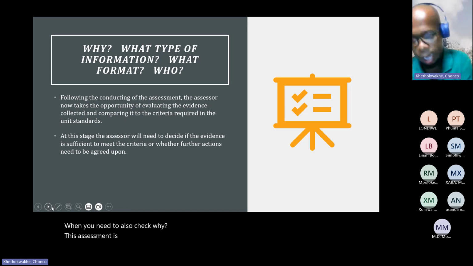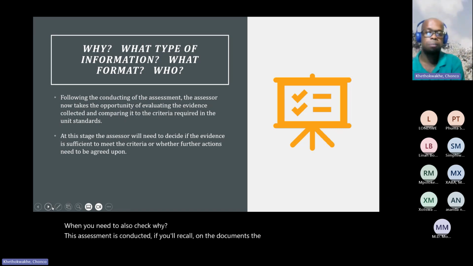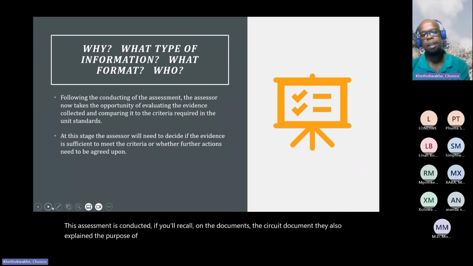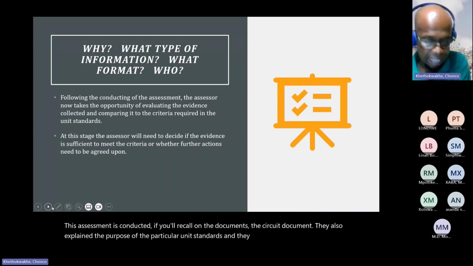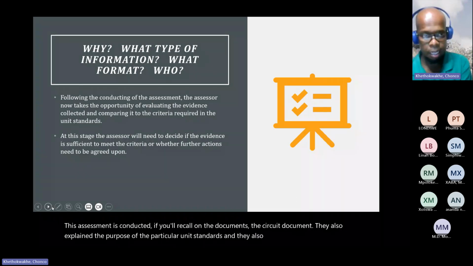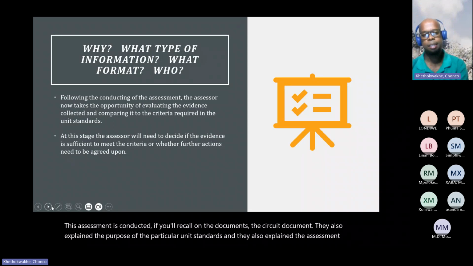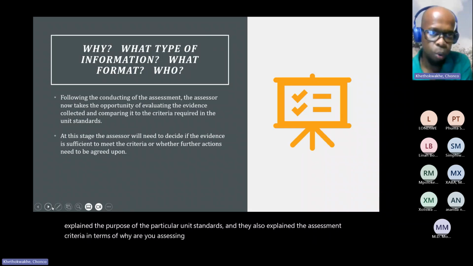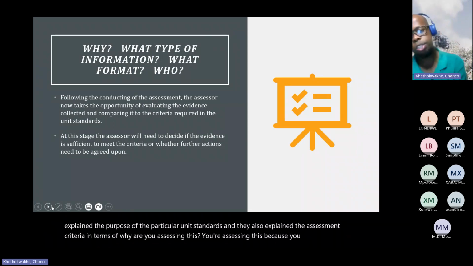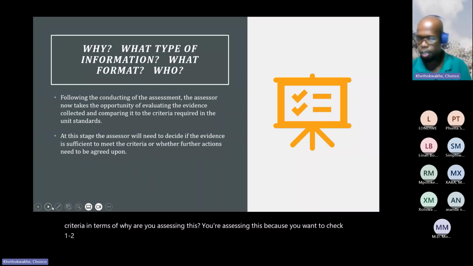If you recall on the SAQA document, they also explain the purpose of that particular unit standard. And they also explain the assessment criteria in terms of why you are assessing this. You're assessing this because you want to check 1, 2, 3. You want to check the difference between this and that.